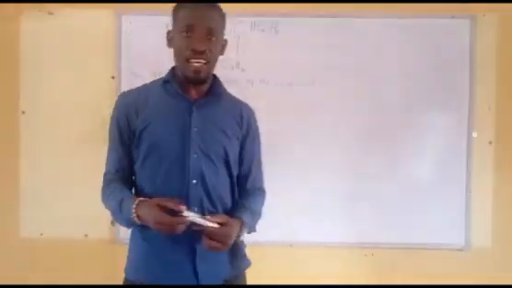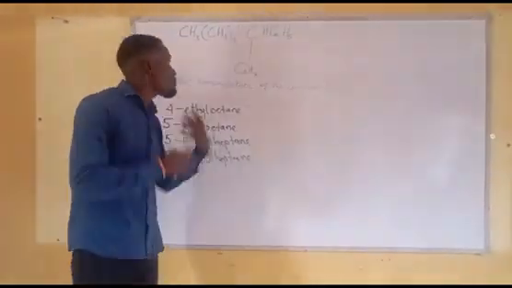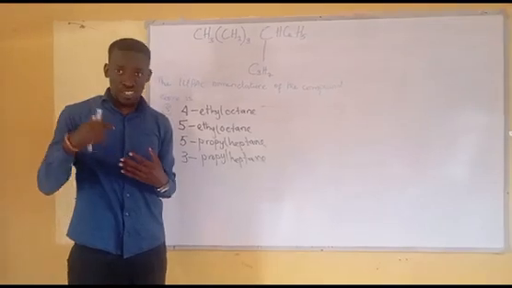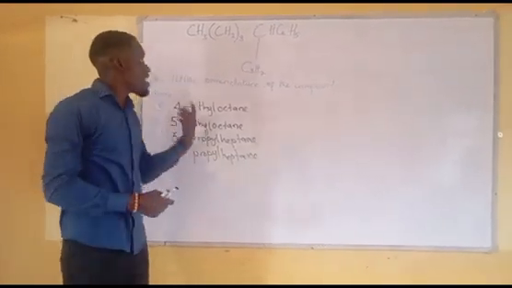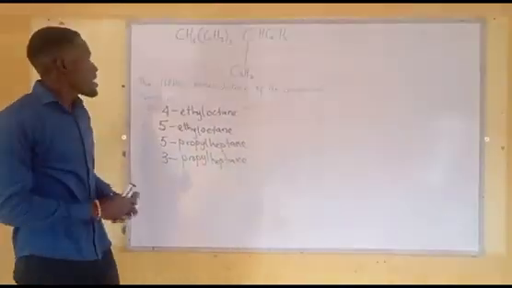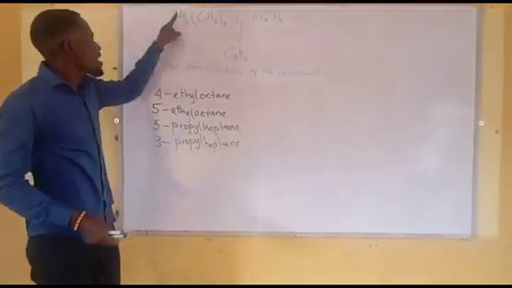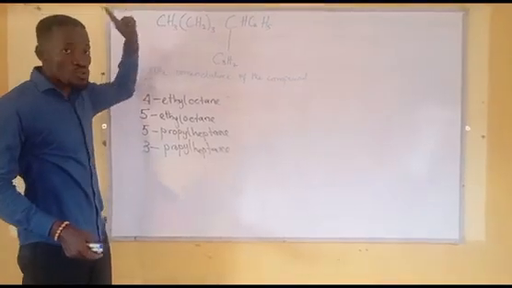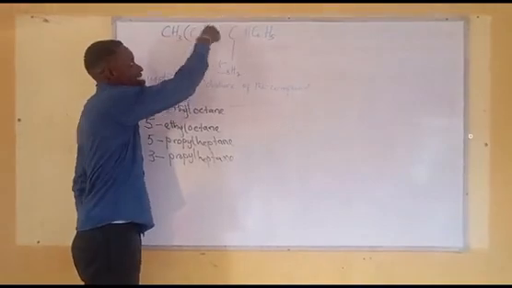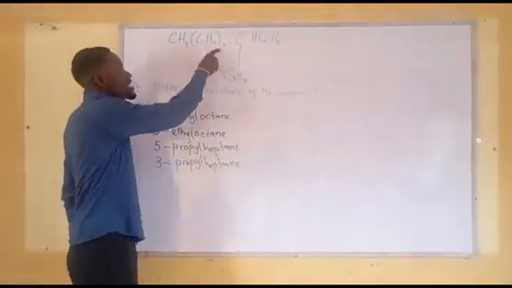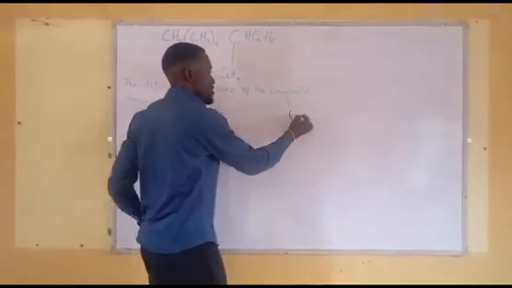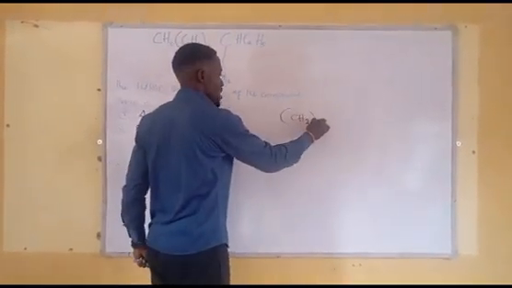As you know in organic chemistry, the first step is to find our longest carbon chain. Looking at this diagram, JAMB normally wants to confuse you with the diagram. This is how we count. How many carbons can we see in CH3 here? Just 1. Inside the bracket we have 1, but outside the bracket we have 3.